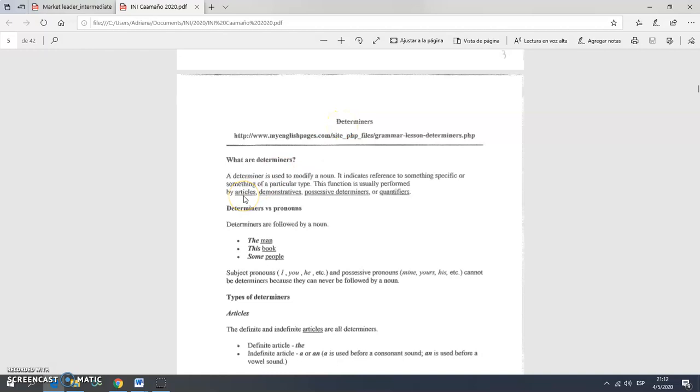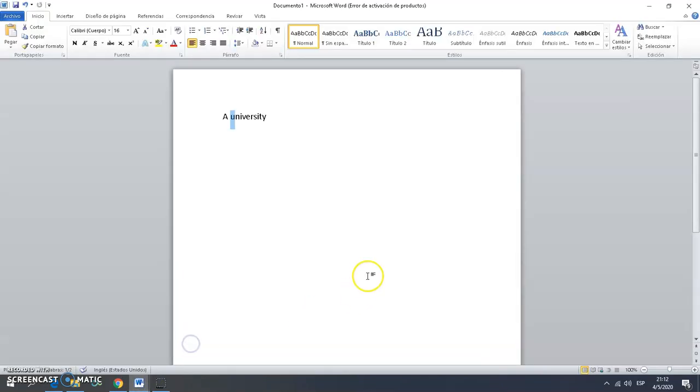determiners comprise, as we said, articles, demonstratives. What do you think of when I say demonstratives? Okay, look at these examples. These is a demonstrative, which is a plural. Do you remember? Don't ask me why, but this is a very common mistake, right?